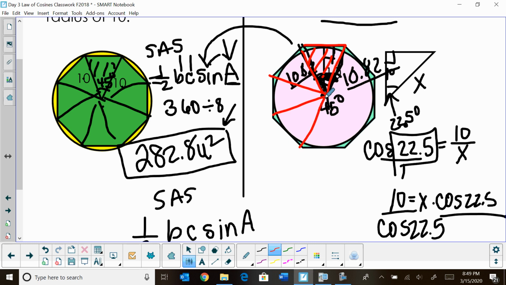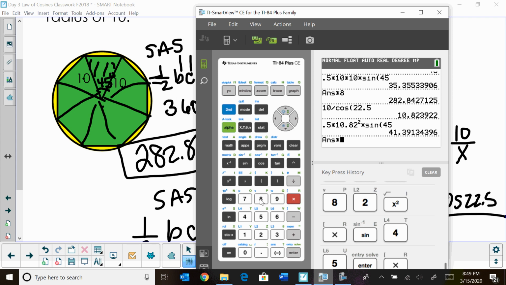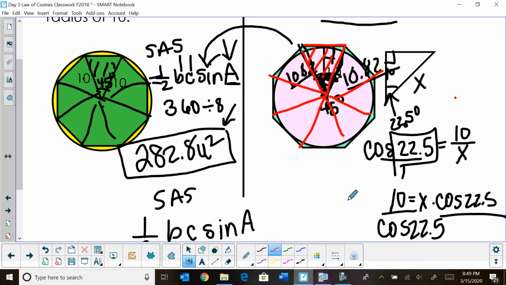This is an octagon, so we have to take that value and multiply it by 8. Our area of the entire octagon is 331.18 square units. And there we go.